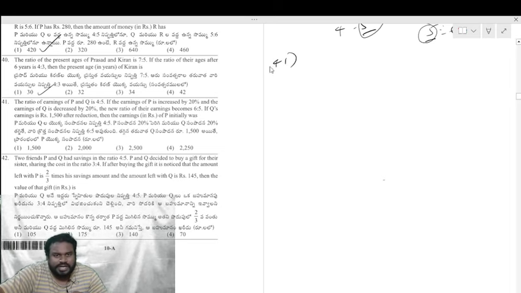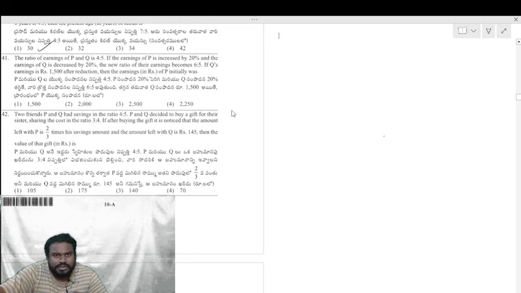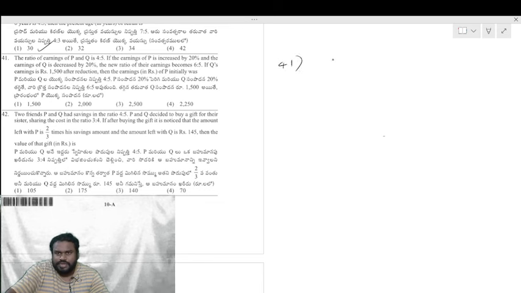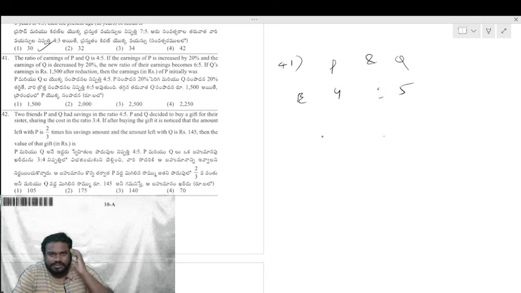The ratio of earnings of P and Q is 4 is to 5. The earning of P is increased by 20% and the earning of Q is decreased by 20%.